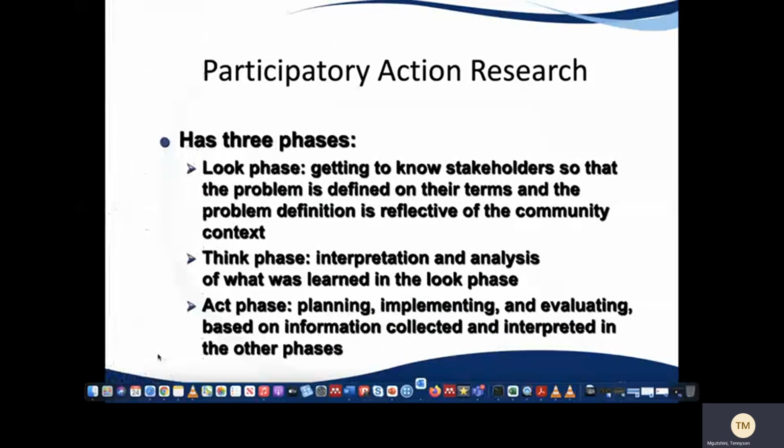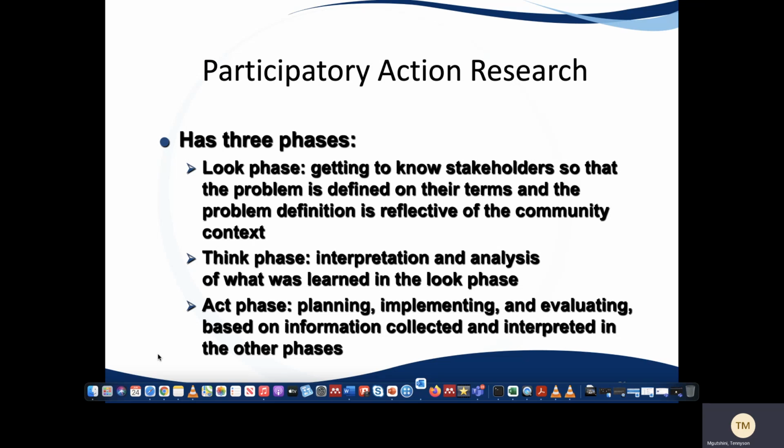It literally has 3 phases. These phases are quite self-explanatory in the way that they are presented, but they need to be shared nonetheless. So the first phase of participatory action research is the look phase, and this is basically where the community and the researcher spend time looking.